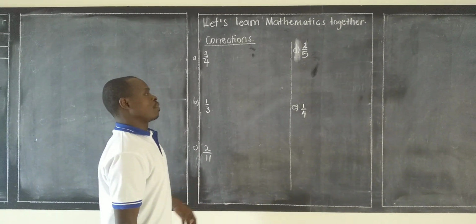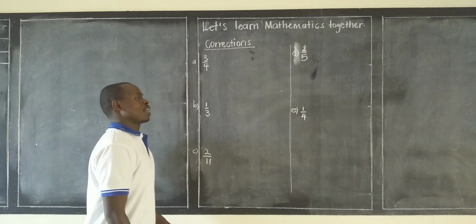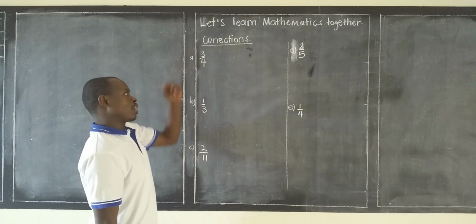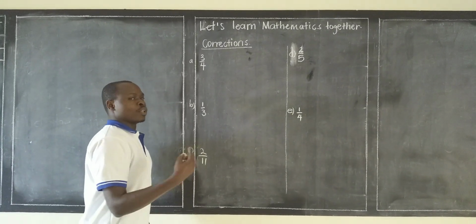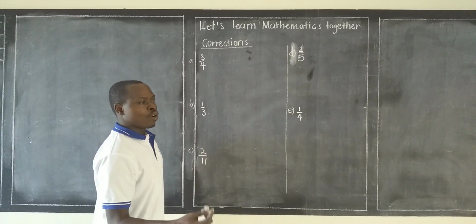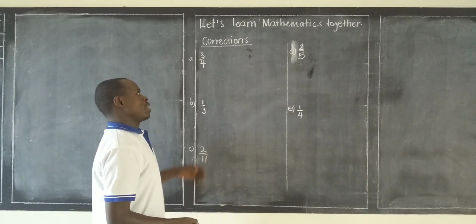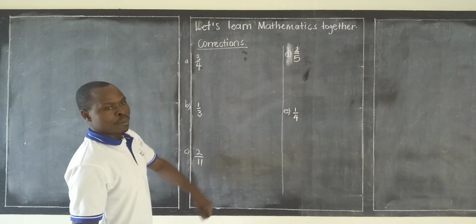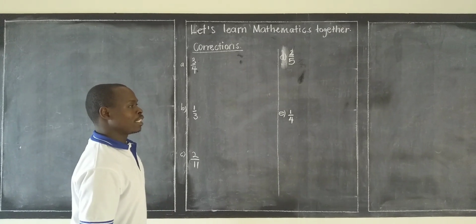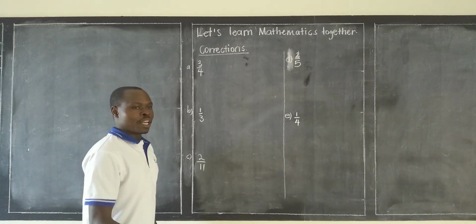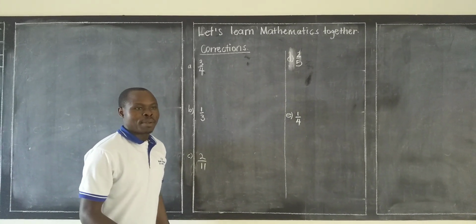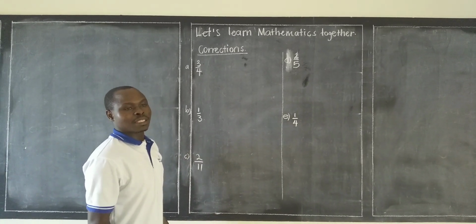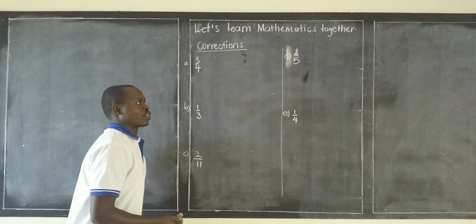So the first equivalent fraction, they asked us to find the equivalent fraction for 3 out of 4. We said we multiply through by a common factor. We multiply the numerator and the denominator with the same factor, each at a time. So in our previous exercise, they asked you to find the next 3 equivalent fractions.